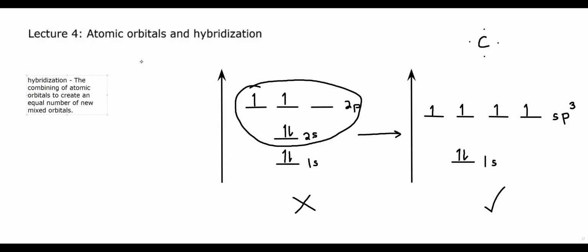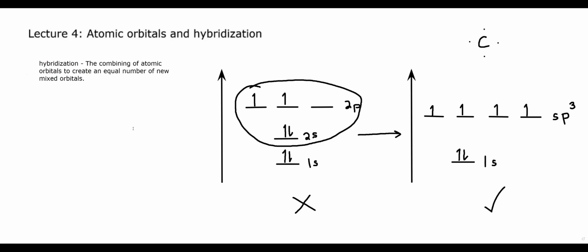Okay, so there's our definition. The combining of atomic orbitals to create an equal number of new mixed orbitals. So in the case of carbon, we combined our 3 2p's and our 1 2s to make 4 sp3 orbitals here. Okay, hopefully you can see that. We combine those on the left in the circle to make these 4 on the right in the circle.